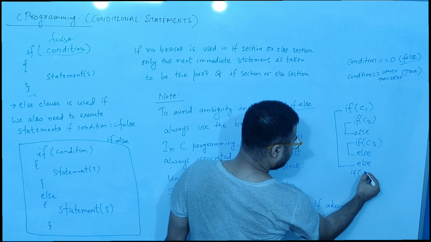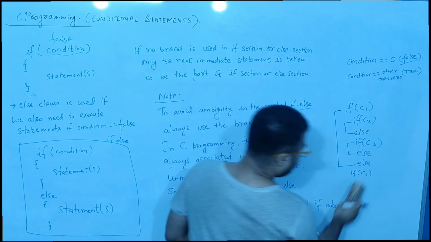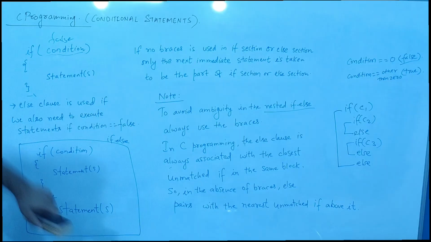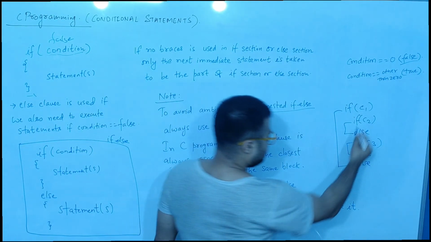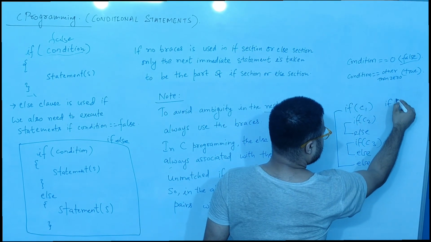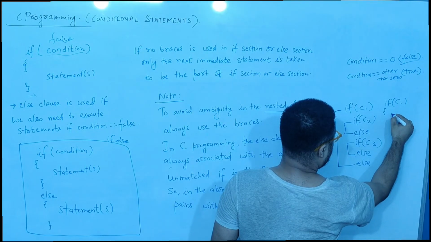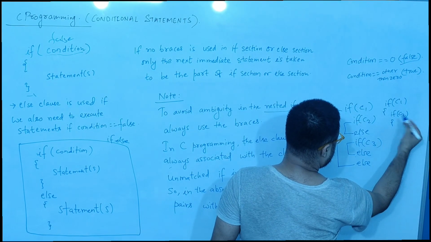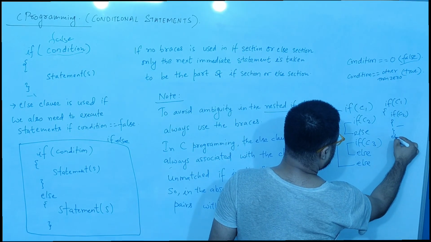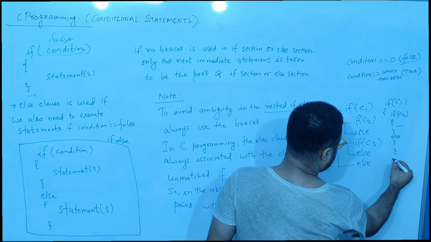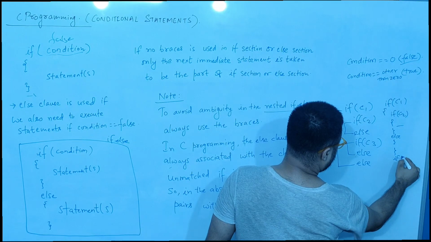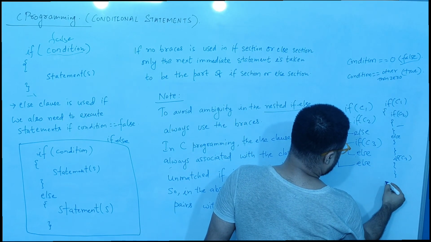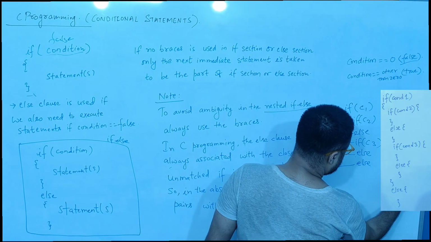It is better that when you are writing your code, you don't confuse yourself like this. You can do it simply: if C1, if C2, and then whatever it is, then else, and then if C3, else.